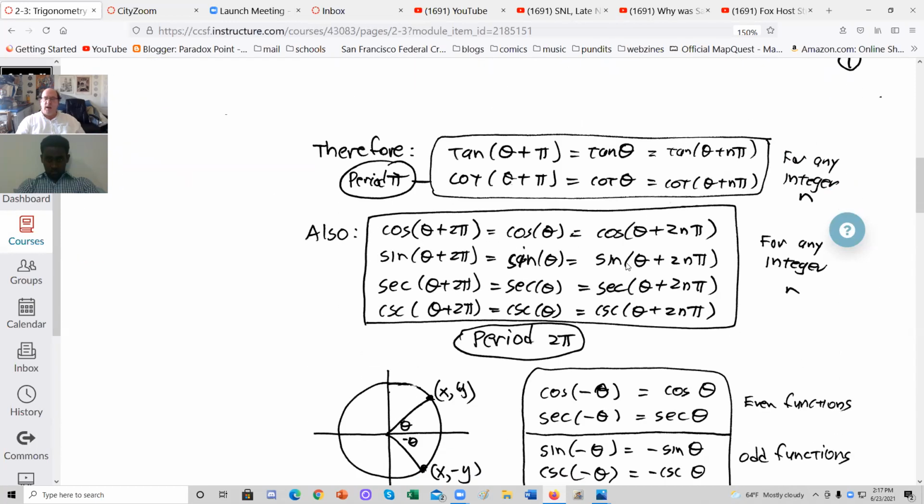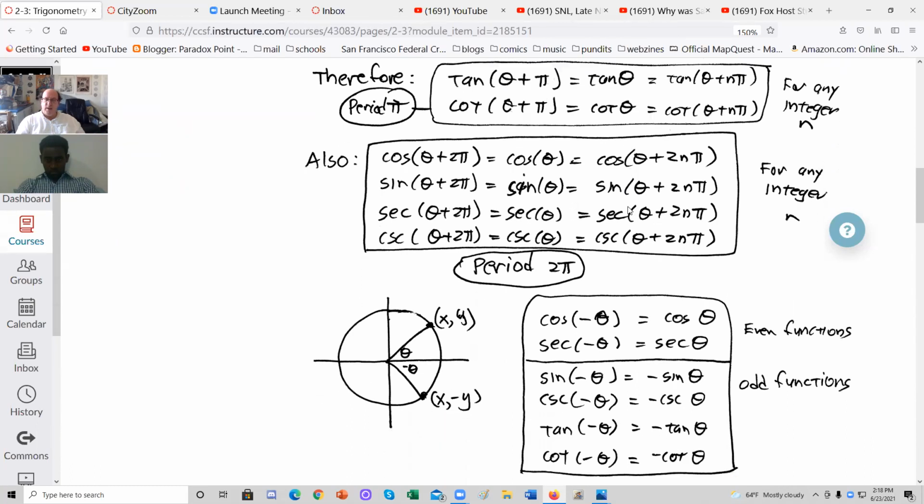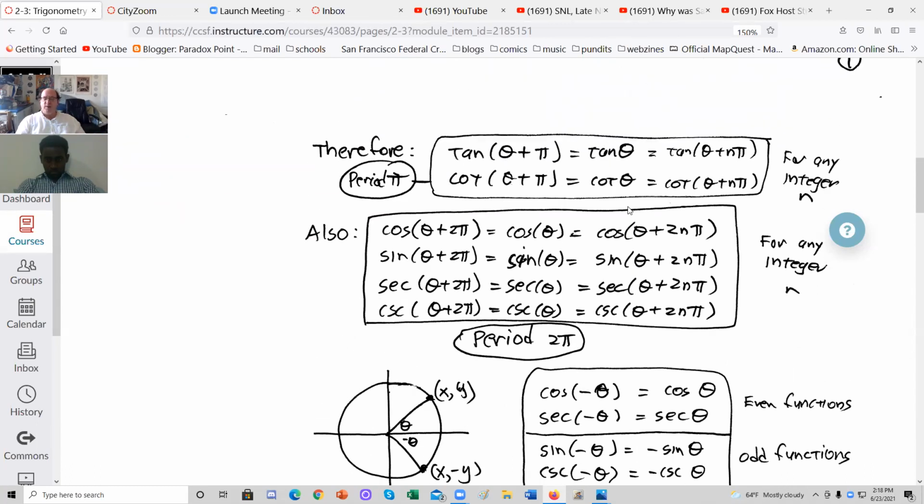So cosine, sine, secant, and cosecant of theta plus 2n pi is the original trig function for any whole number n. Now, in a sense, you can say that this is true for tangent and cotangent. If you add pi radians and then add pi radians again, it stays back at tan theta and cot theta. So all these have period 2 pi, but in addition, tangent and cotangent have period pi.